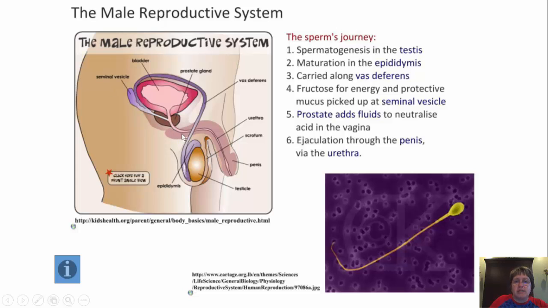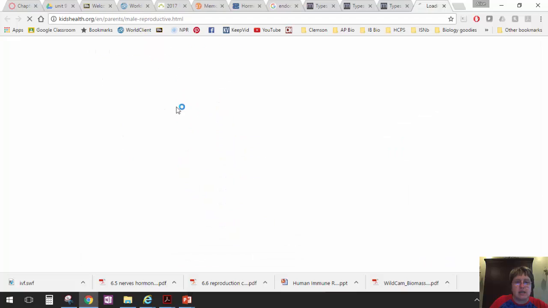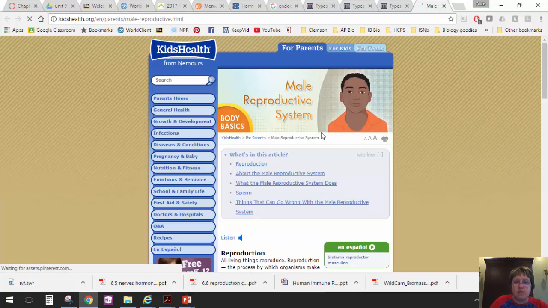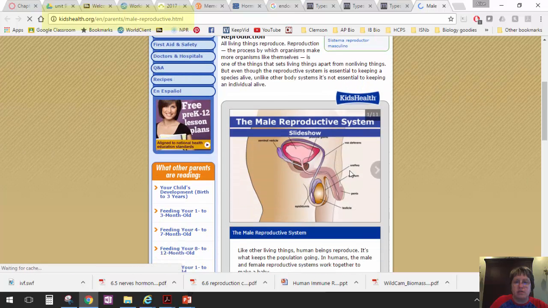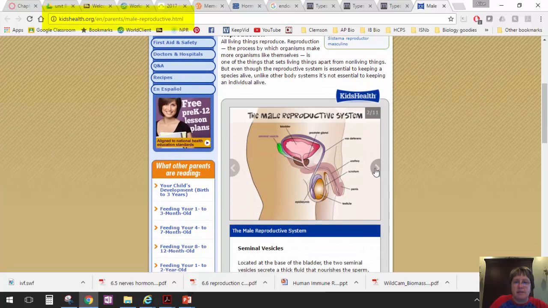And then the sperm will continue to travel through the urethra and through the penis, and finally be released through ejaculation. This website here can be a very helpful website if you want to go through this on your own. It'll take you through step by step what's going on and what I just talked about, in a way to highlight each of the different structures here.